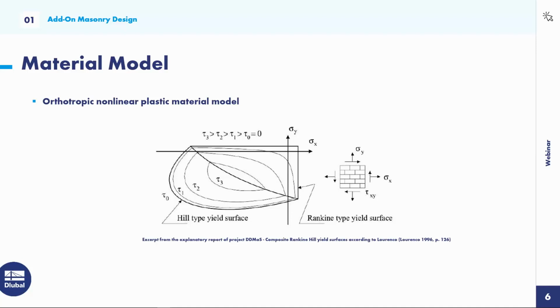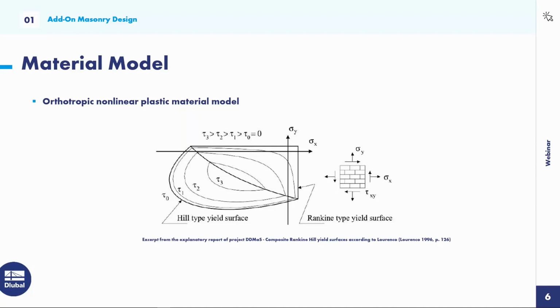After detailed investigation of various published material models, we decided to use an approach according to Lourenco. This theory includes three yield surfaces, called Rankine-Hill surfaces, with which the material is described.